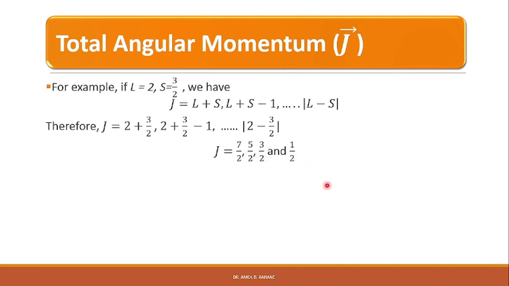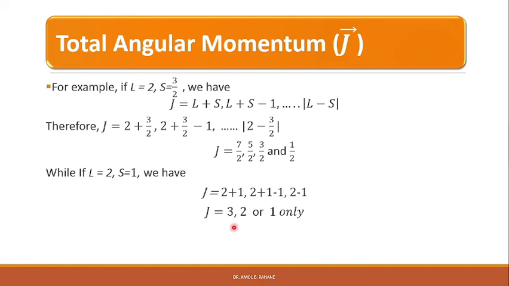So we get 4 values of J, and the lowest value is the modulus of L minus S, that is here 2 minus 3 by 2 is equal to 1 by 2. While if L is equal to 2 and S is equal to 1, we have J is equal to 2 plus 1, 2 plus 1 minus 1, up to 2 minus 1, and therefore we get 3 values of J as 3, 2 or 1 only, right?